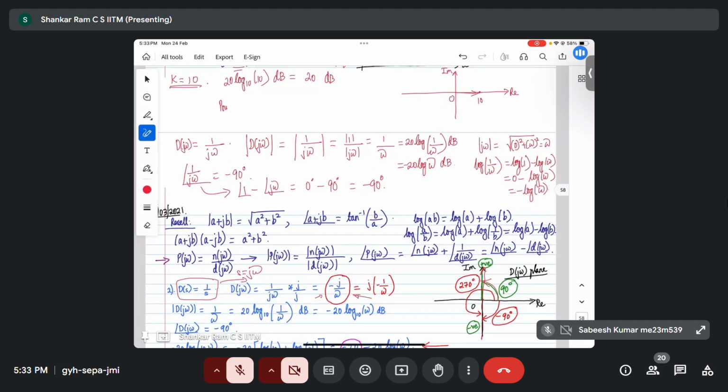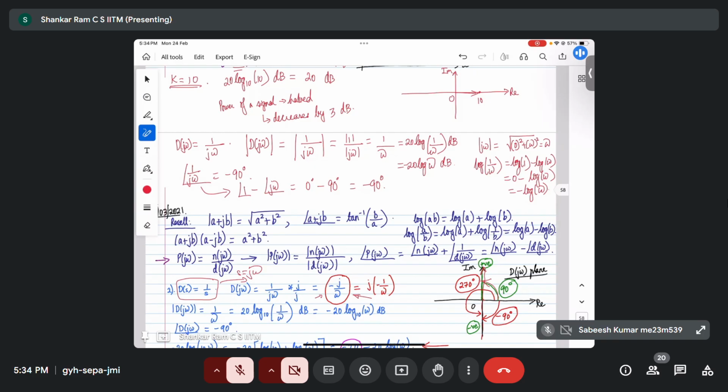So when the power of a signal is halved, the decibel measure, sorry, I said 20, it should not be 20. It decreases by 3 decibels. When the power of a signal is halved, the decibel measure decreases by 3 decibels.